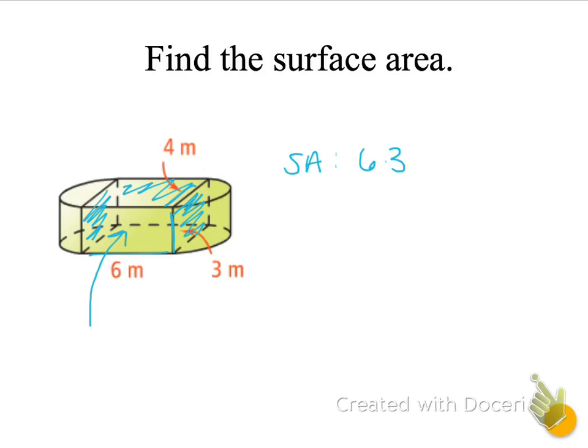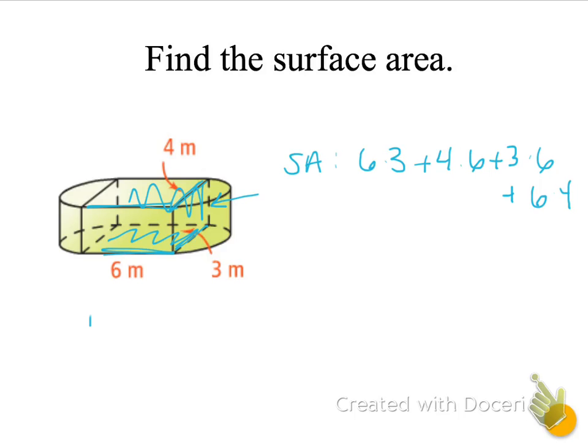Let's do this front side, which is 4 times 6. Now this back side, which is 3 times 6. And then the bottom, which is 6 times 4 again. We're going to add all those together, so 74 meters squared.